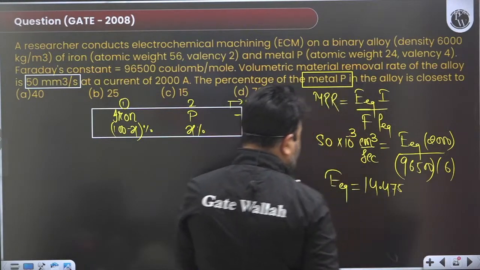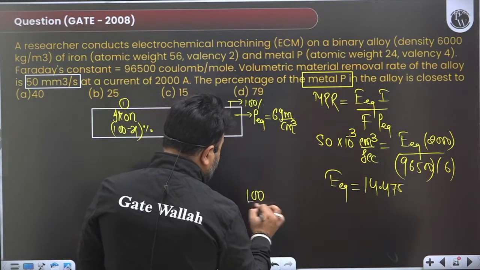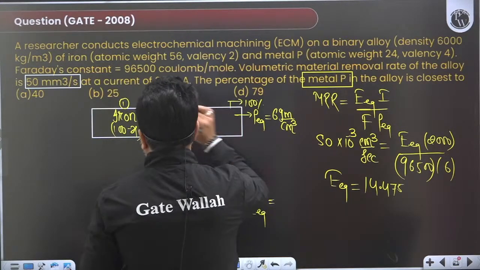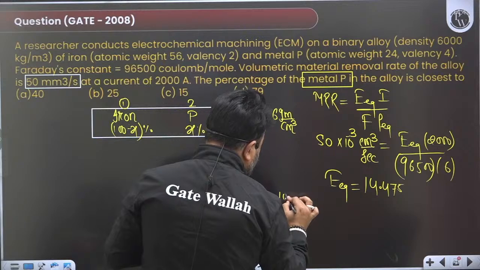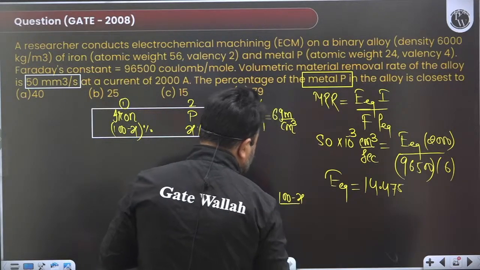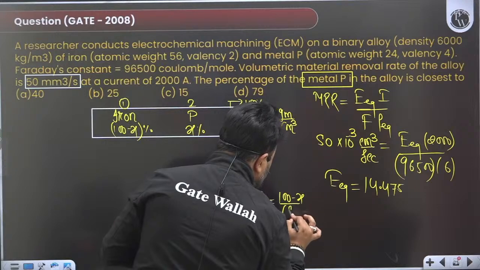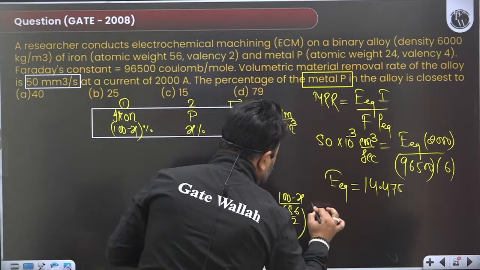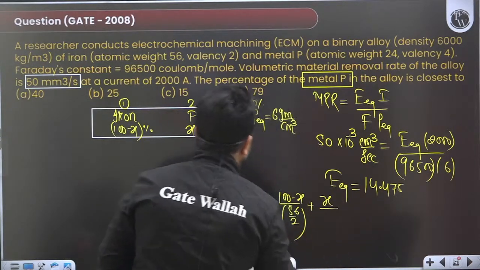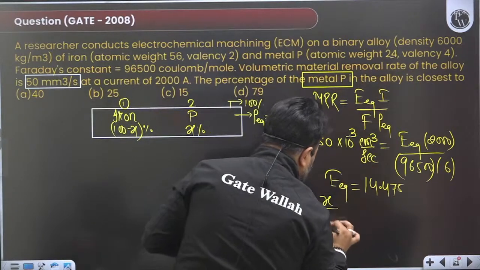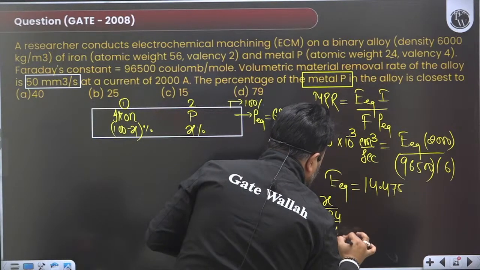That is 14.475 gram per mole. We know that 100 by E equivalent equals percentage of metal 1, that is 100 minus X divided by 56 by 2, plus percentage of metal 2, that is X divided by 24 by 4.